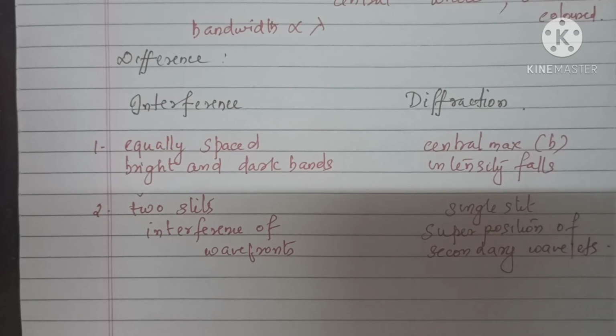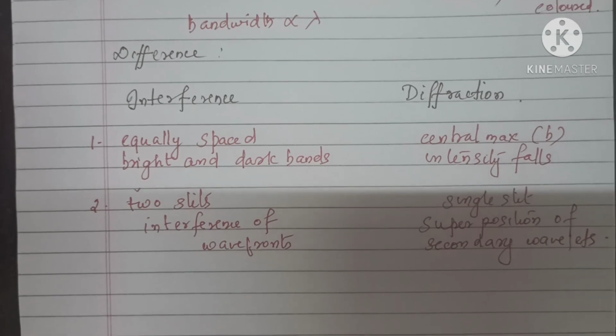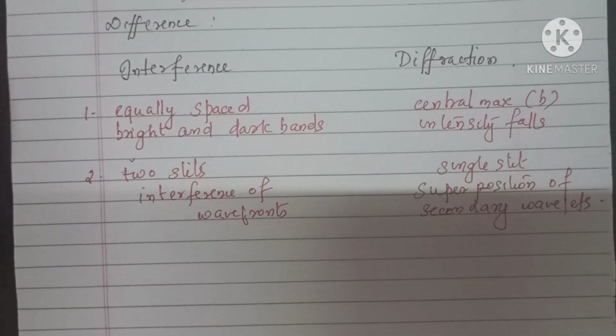In that single slit there are a large number of points, and each point will act as a source of secondary disturbance. As a result, the diffraction pattern is due to the superposition of the secondary wavelets. So these are the main two differences.